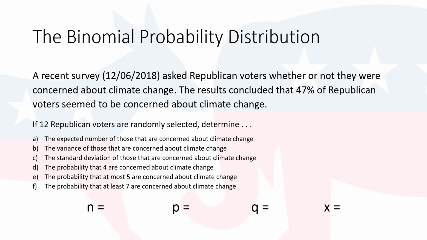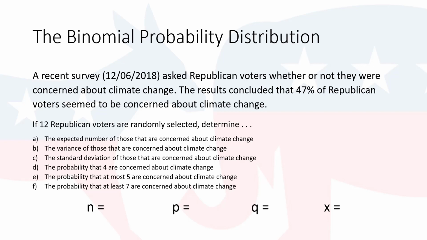Now, X, that's the thing for this problem that will throw students off. For part D, we're wondering what the probability is that 4 of those people who are selected, 4 out of the 12, will be concerned about climate change.